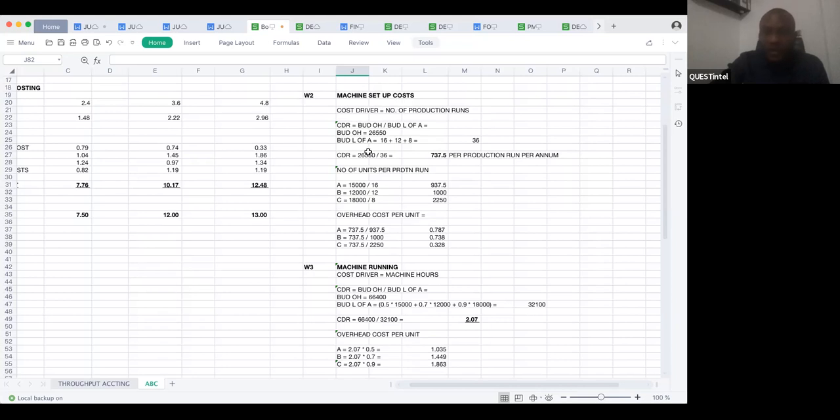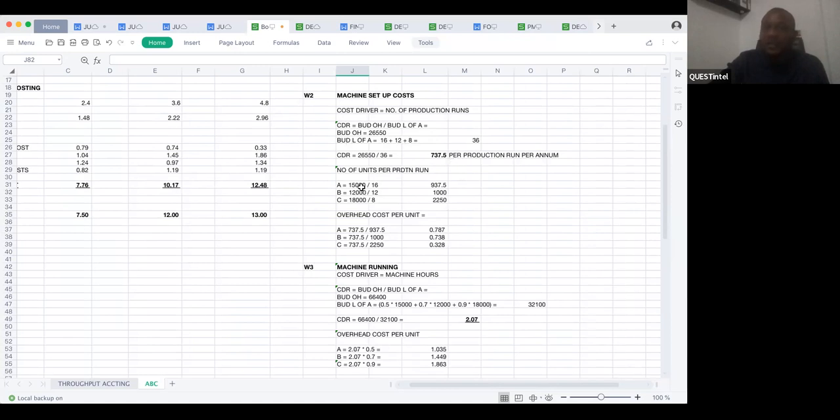So we had that figure as 26550, and we divided by our budgeted level of activity for these ones, which will be the level of activity. So the number of production runs for A, B, and C, add them together, we get that figure. And then we get our cost driver rate as basically the overhead cost divided by that budgeted level of activity.